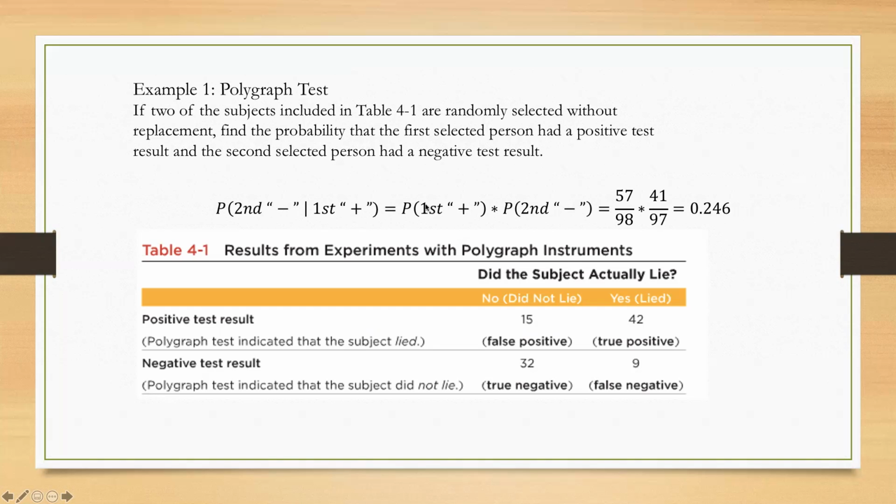Well, you can have basically the probability of first positive times the probability of second negative. So this case right here is 57 out of 98, 57 being this row total here, out of the whole entire grand total, that's the positive, times, and this is where we took into consideration we already selected one person out of there. So there's only 97 for us to select, and that's how we would calculate that out.